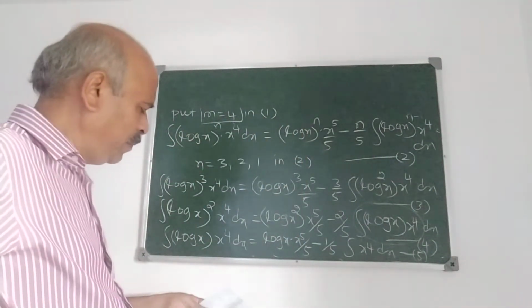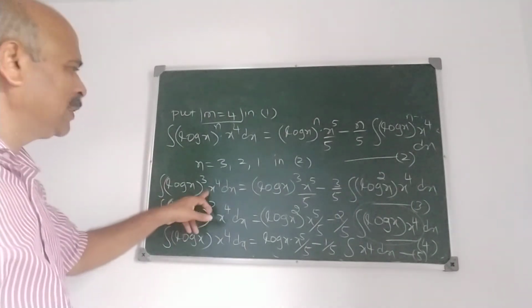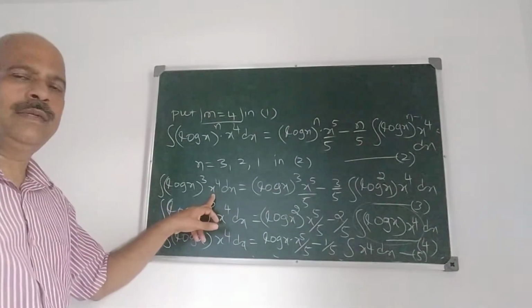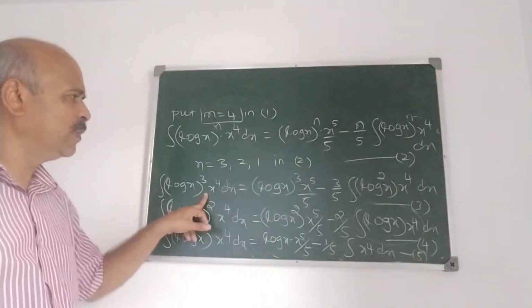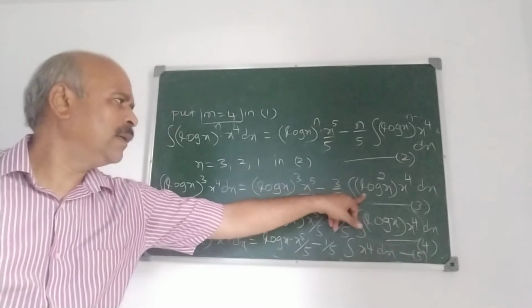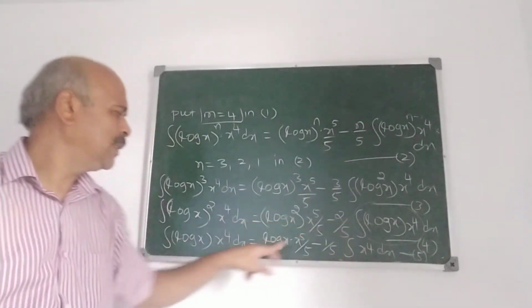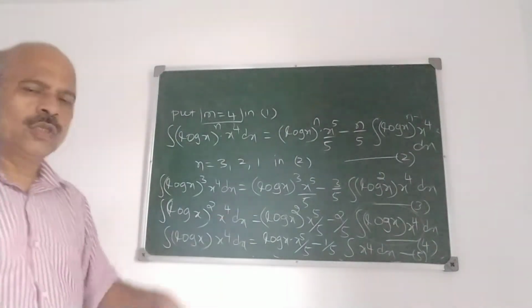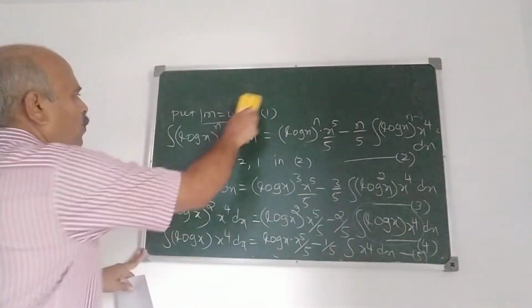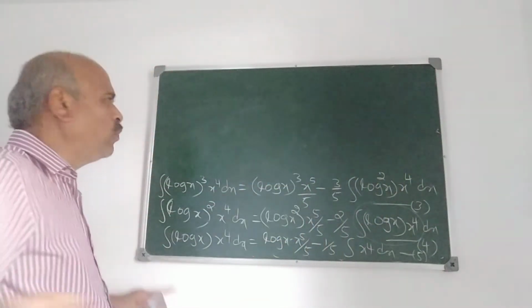What is the problem? X raised to 4 log of x cube is there, but you have to substitute for this log of x square, x raised to 4, and log of x, x raised to 4. So from 3, 4, 5.